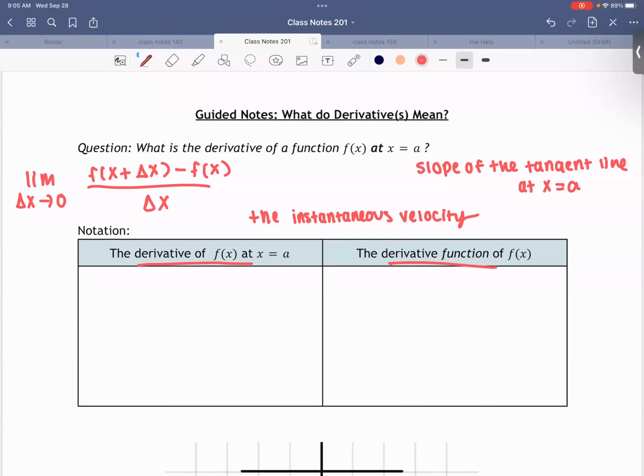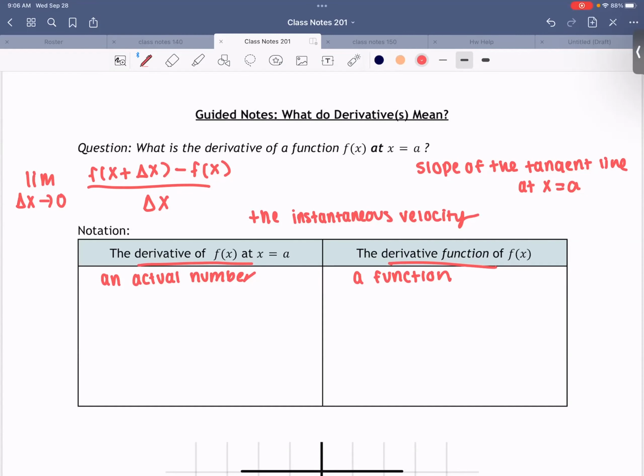So this value is an actual number. If we calculated the derivative of a function at a point, we would get like 3 or 5 or -2 or something like that. The derivative function, on the other hand, is a function, so this one would be like 2x plus 1 or something like that.